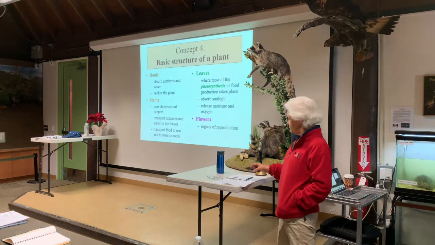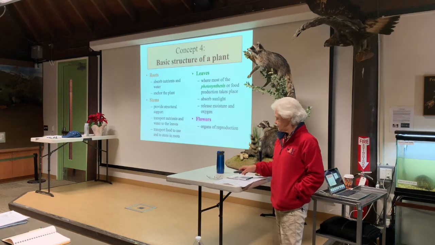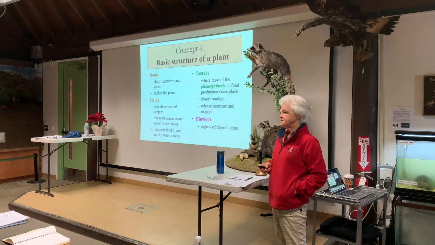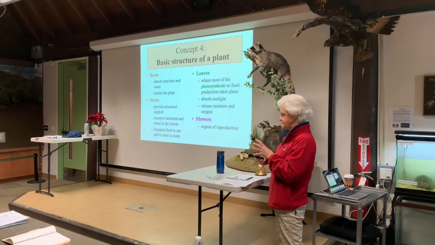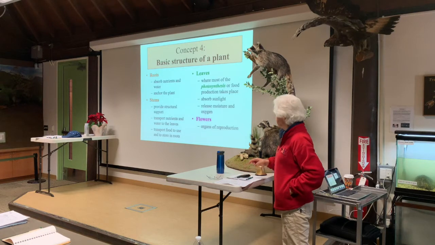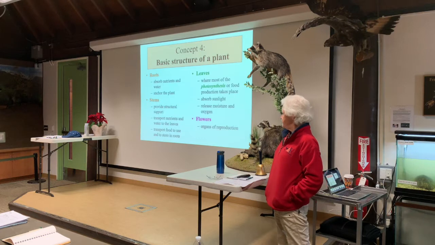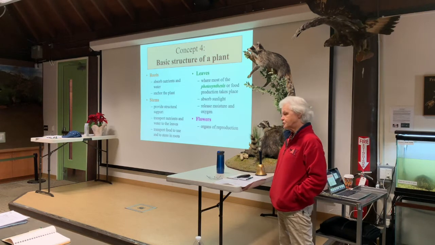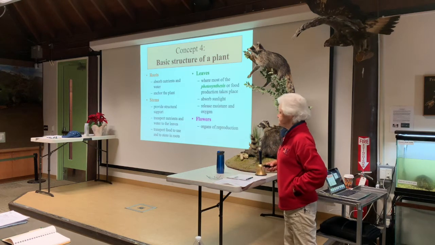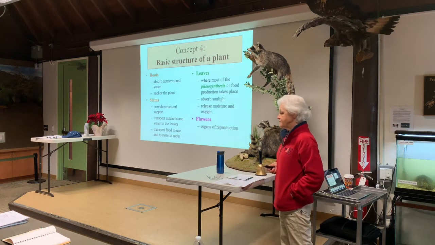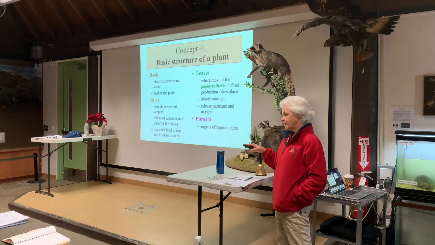Okay, so when we see a plant, you want to be able to describe all the different structures, and there are mainly 4 items that the plant has. The roots that are underground.